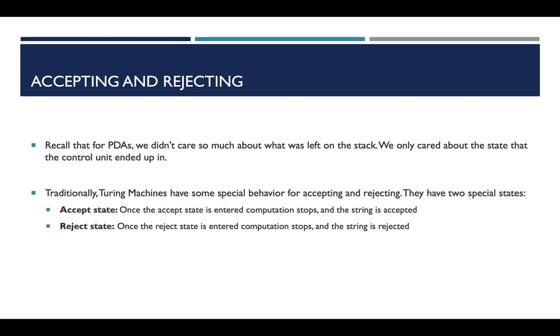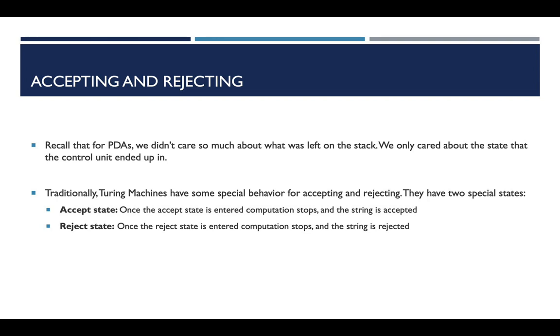One is an accepting state, where if you end a computation in that state, the string is accepted. It is, in fact, an element of the language that we're interested in. The other is the reject state, which is kind of like a trap state, in that once you hit it, computation stops and the string is completely rejected.